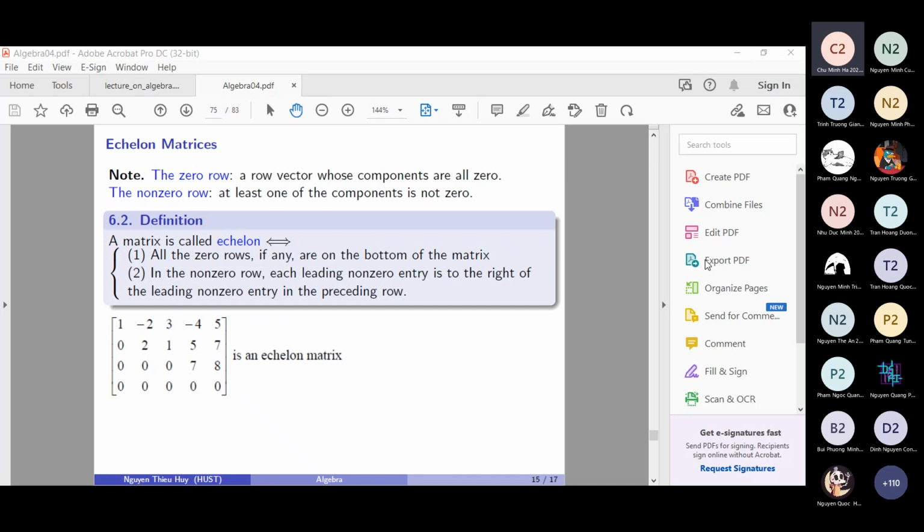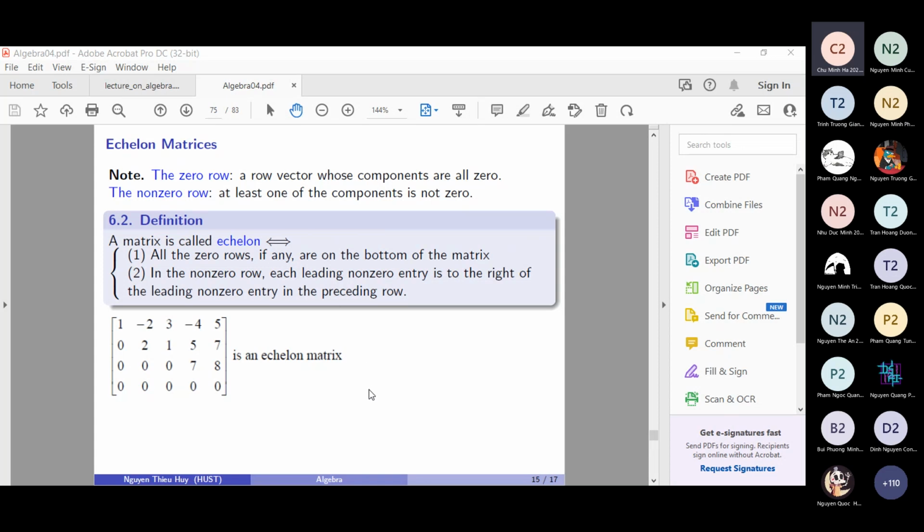So okay, but you have to pay attention now. The leading non-zero entry on the non-zero rows is to the right of the leading non-zero entry of preceding rows. Now, this matrix is not echelon because the leading non-zero entry on this non-zero row is actually in the same position as the leading non-zero entry of the preceding row here.